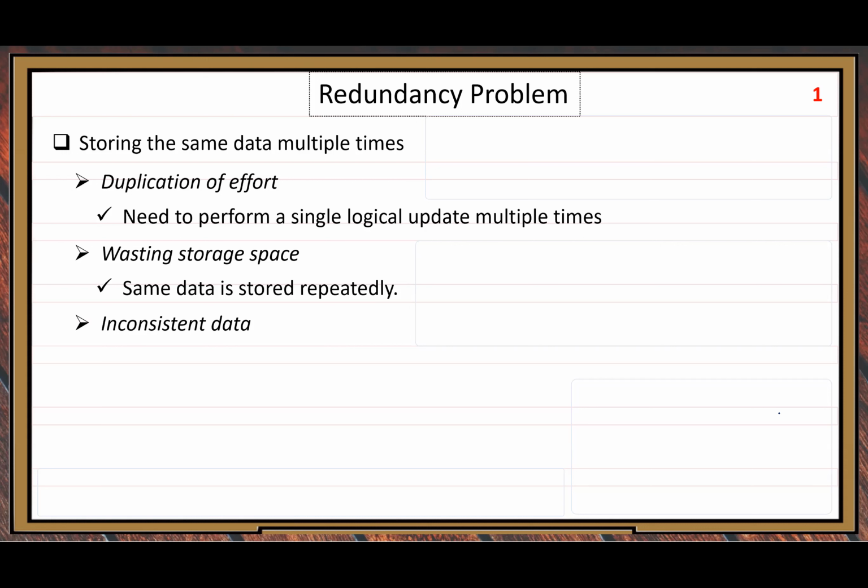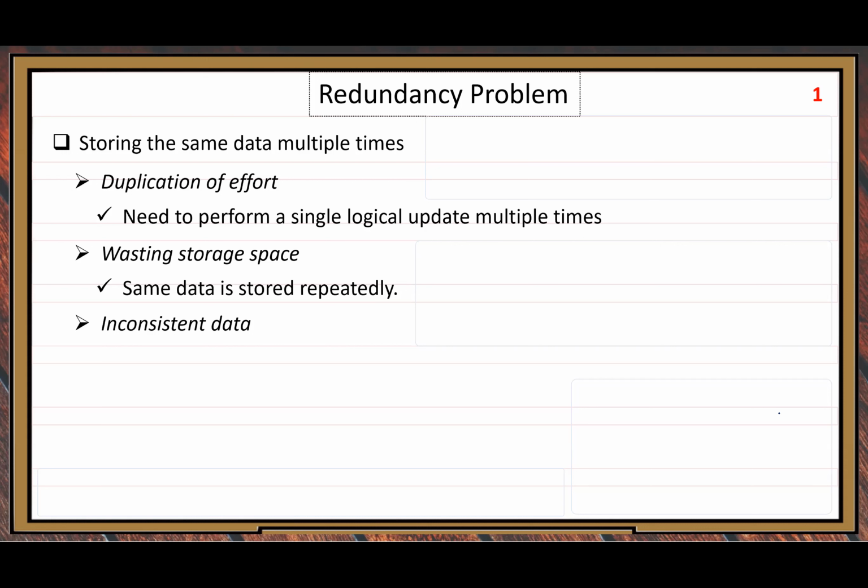The first two, we can take. Duplicate effort, we do a little more work. Wasting storage space, we use a little more storage space. Not a big deal.